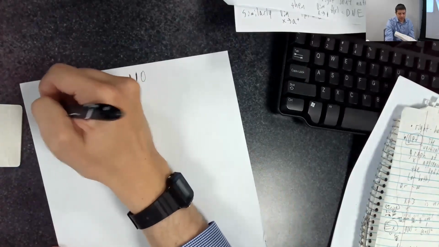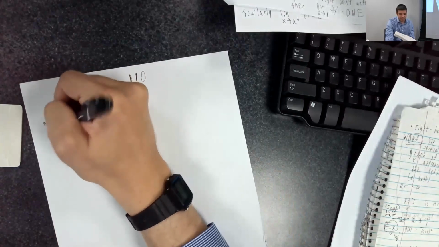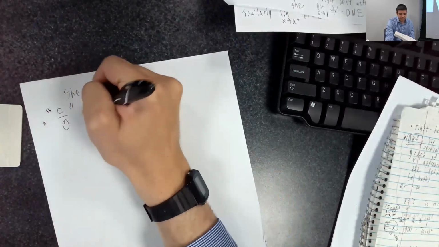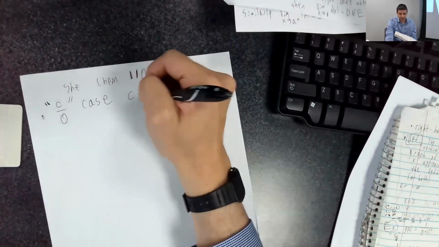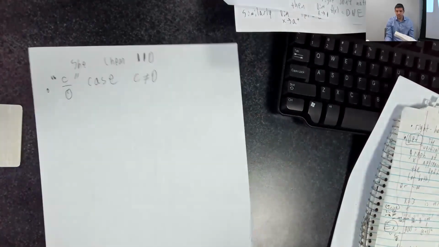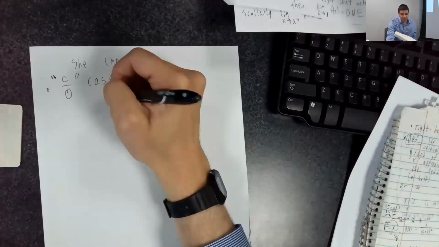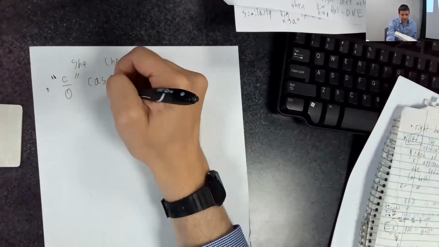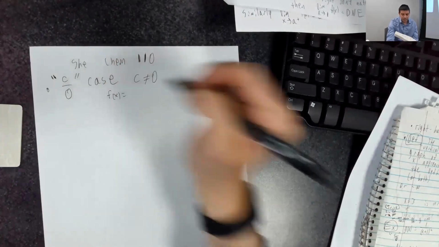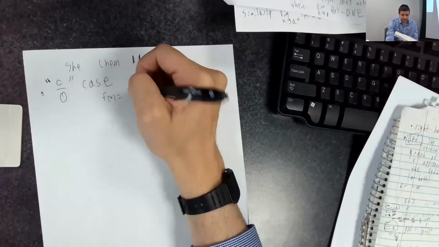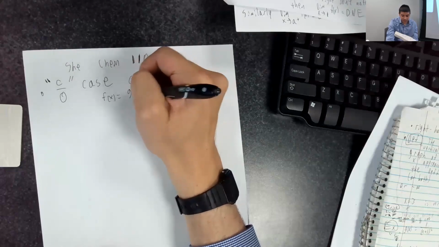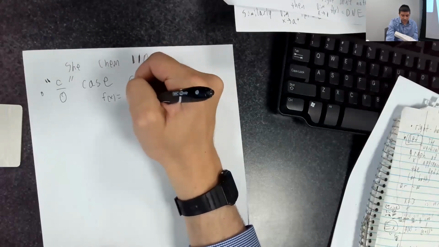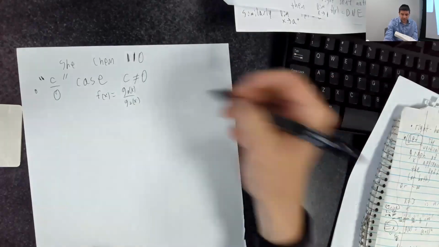We call these kinds of limits the C/0 case, when C is not 0. In the C/0 case, your function is going to be one function over another, like g1 of x over g2 of x.